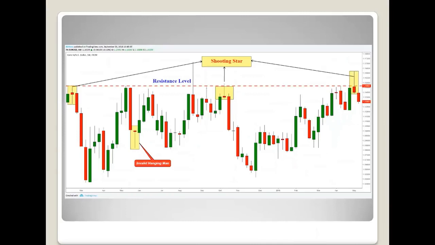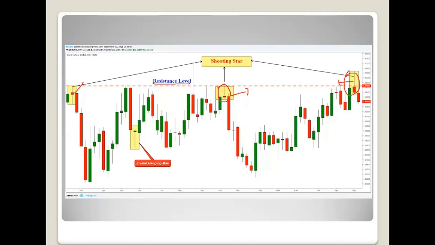And then we have some shooting stars. In this scenario, we can see there was a resistance line at this point, and there we have a spinning top, and then we have a shooting star here, and then another shooting star here. These two acted as shooting stars, but the important part is that we have a resistance line here.